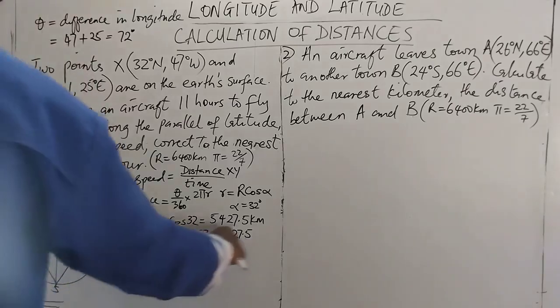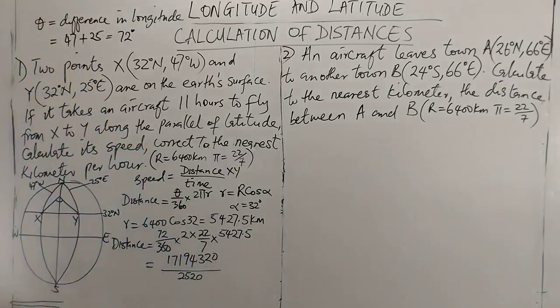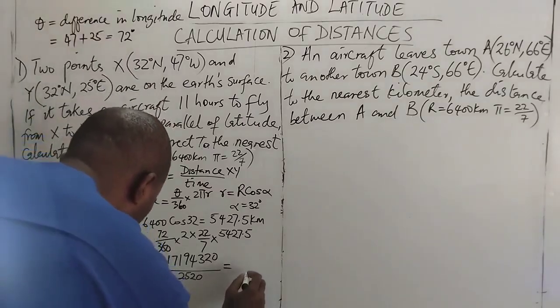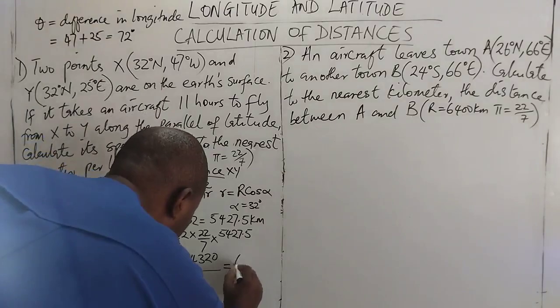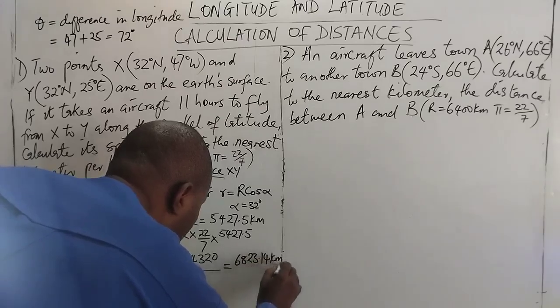You multiply all the numerators, multiply all the denominators, and this is what you get. Then when you do the division, it will give you 6823.14 kilometers.